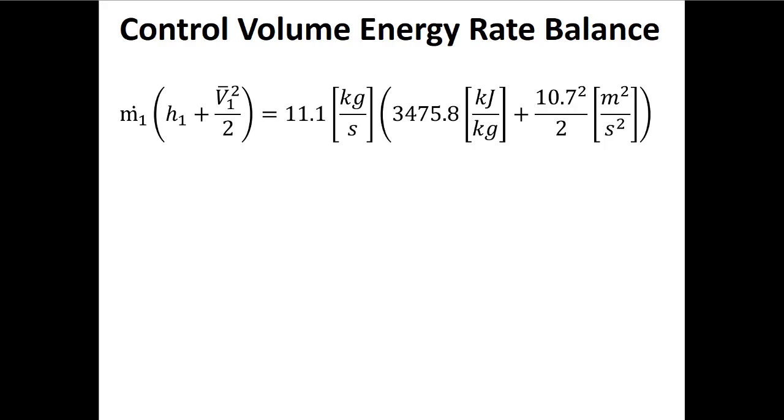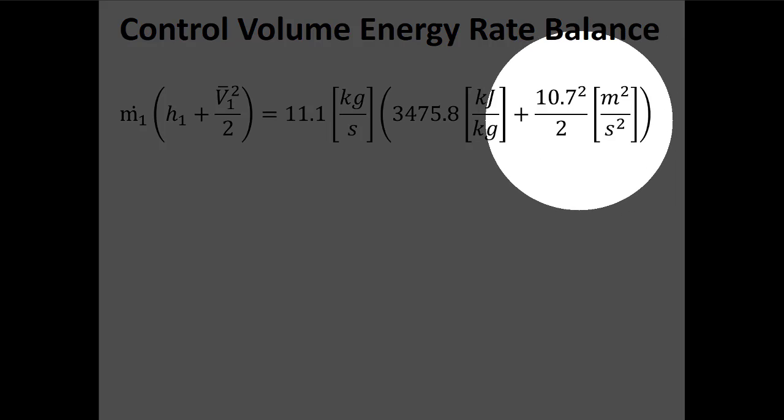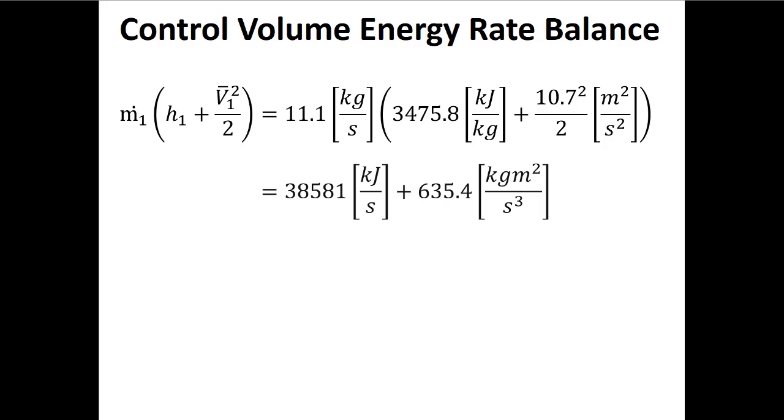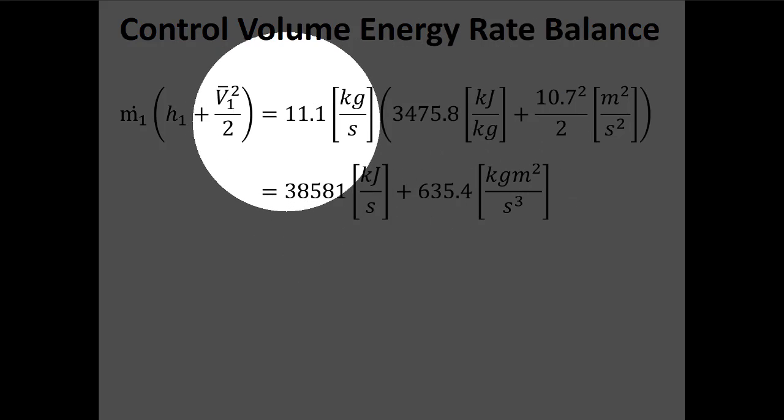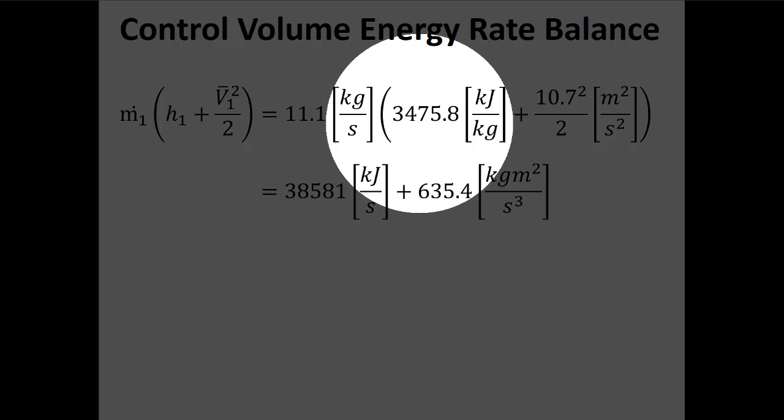Maybe your spidey sense is already tingling, maybe you understand that this is probably not going to be the right unit. But let's carry the equation through. So here I get 38,581 kilojoules per second. That's going to be this times this.